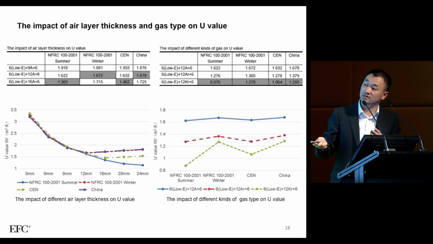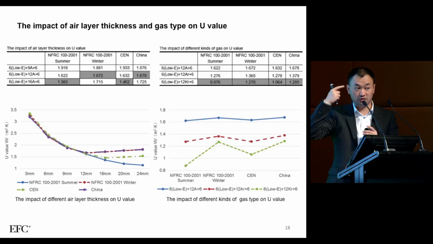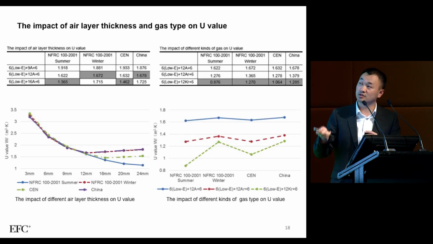When we increase the air layer from 3 millimeters to 24 millimeters, according to the very beginning concept, it should decrease from a high level to a very low level. But only the US code in summertime goes down from the very top to the very bottom.